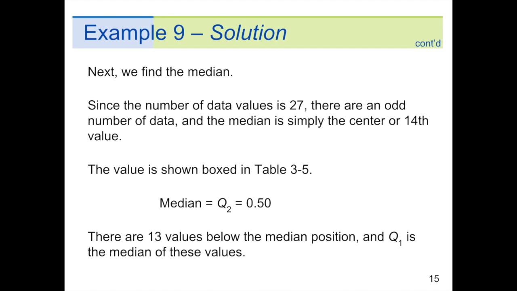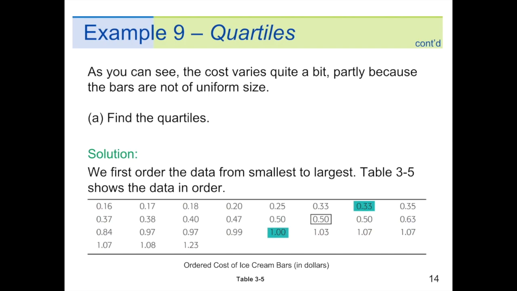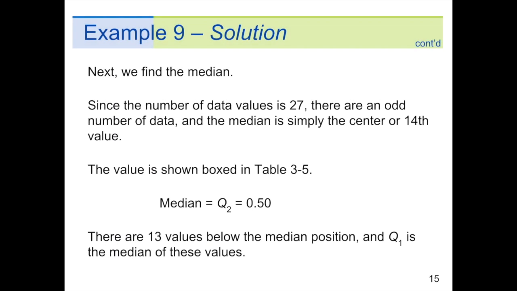Since the number of data values is 27, there are an odd number of data, and the median is simply the center, or 14th value. The value is shown boxed in Table 3.5. That is 0.5. So the median, Q2, is 0.5.